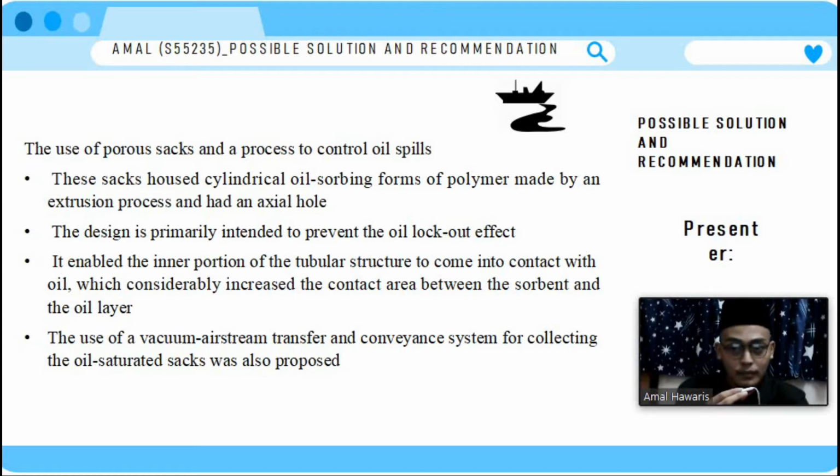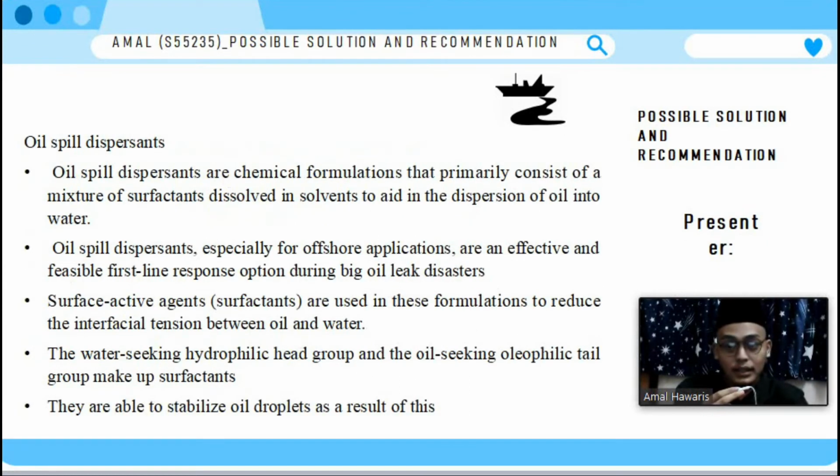Next is oil spill dispersants. Oil spill dispersants are chemical formulations that primarily consist of a mixture of surfactants dissolved in solvents to aid in the dispersion of oil into water. Oil spill dispersants, especially for offshore application, are an effective and feasible first-line response option during big oil leak disasters.